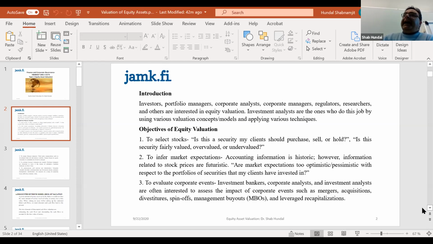And then there are corporate analysts who work, for example, for the financial media, Reuters, Bloomberg, analyzing companies and giving their verdict if a company is overvalued or undervalued. The corporate managers: you can be a manager of a non-financial company, let's say Walmart or Nokia, for instance, and you are interested to know whether you should acquire a new company or not, or whether the share value of your own company is going down or going up.